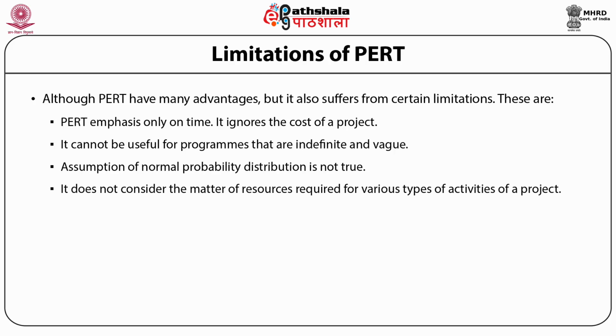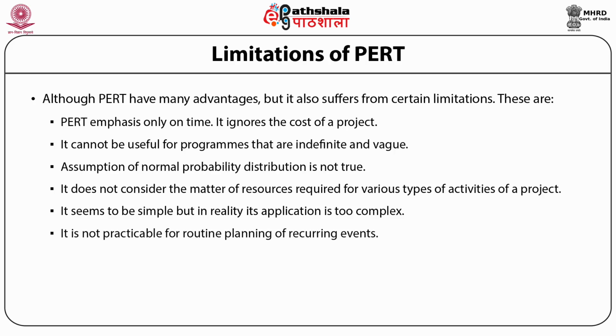It doesn't consider the matter of resources required for various types of activities of a project. It seems to be simple, but in reality, its application is too complex. It is not practicable for routine planning of recurring events.